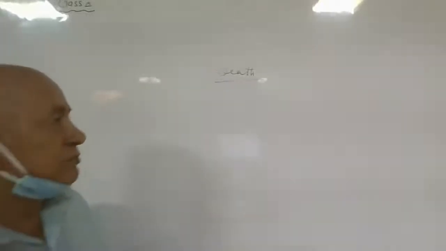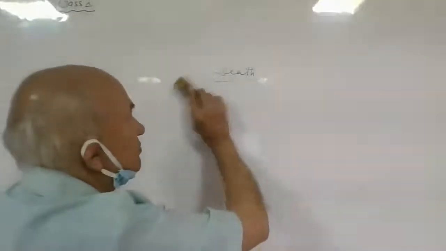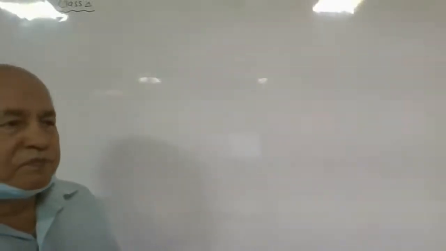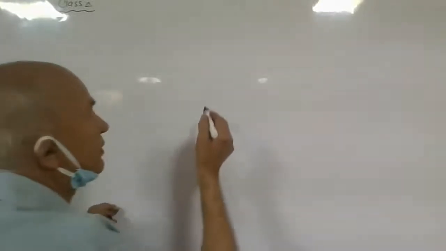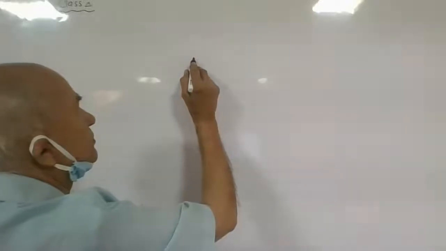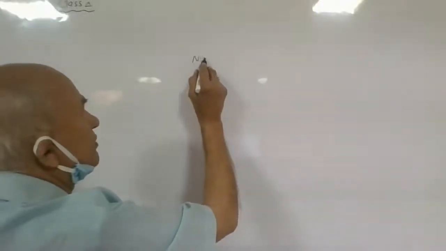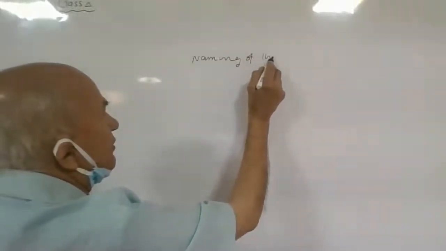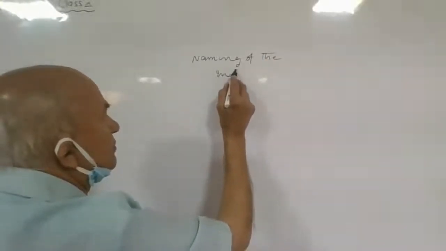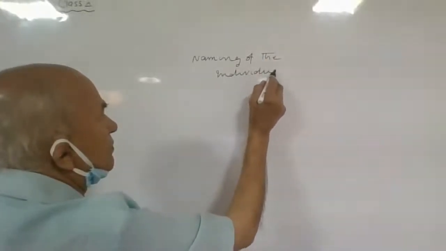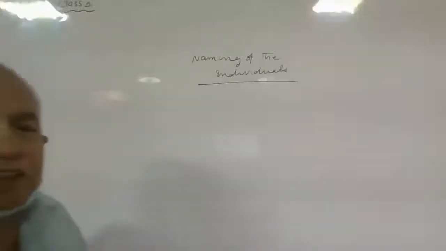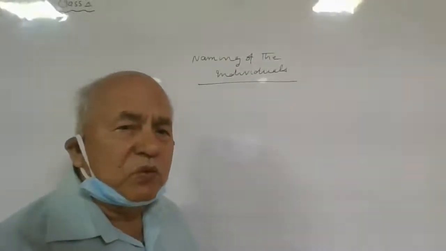Then comes naming of the individuals. Now the question is how naming is given to the individuals.